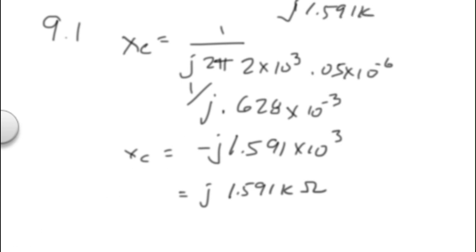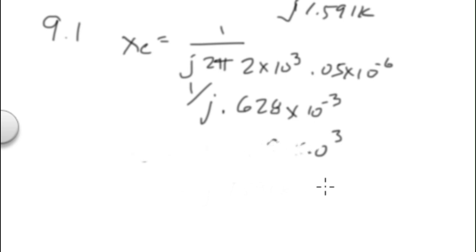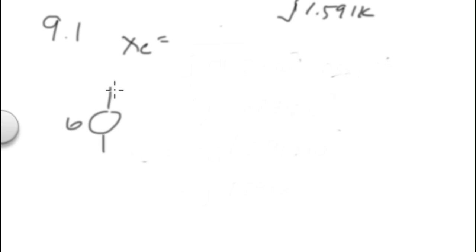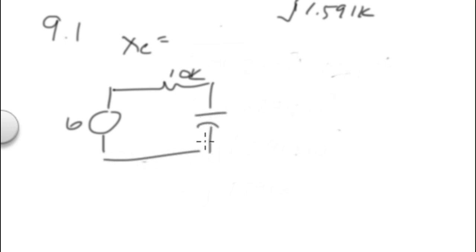And I'm going to erase this stuff so we can now go back and do some more work down through here. So now that we found the X sub C, we need to go back and solve our circuit. Okay, so I have 6 volts, and I have 10K, and I have minus j 1.59K, 1.591K.